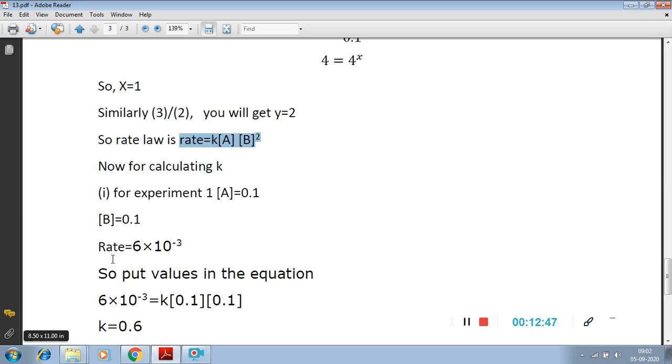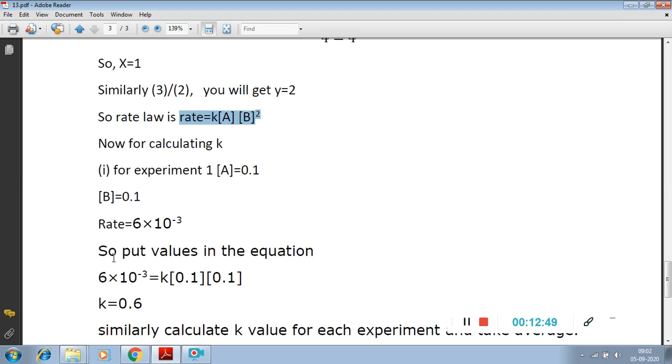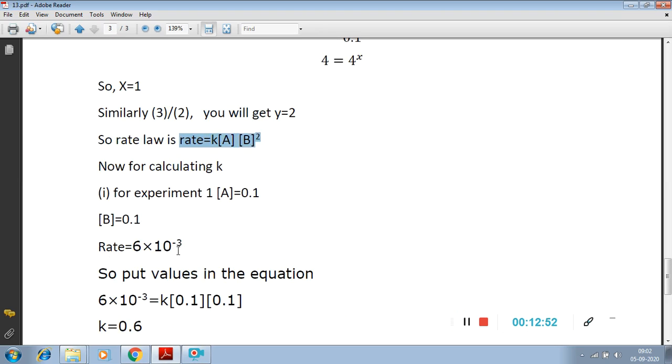Now put the values in the equation. Rate value we have, here you can see 6 into 10 raised to minus 3, so we can put the rate value in this equation. Concentration of A is 0.1, concentration of B is 0.1, both values we have, and concentration of B is raised to 2 here.